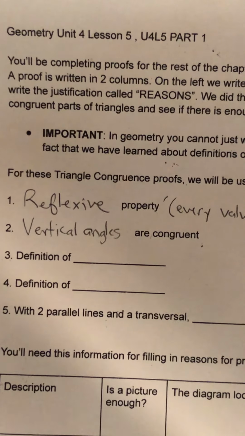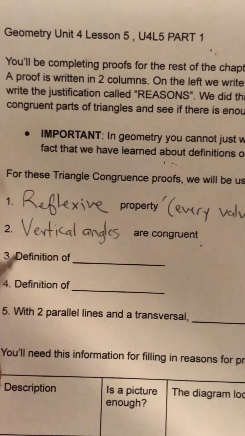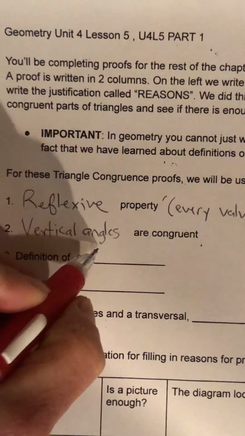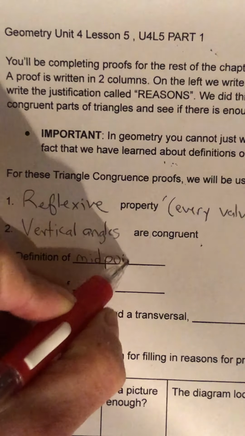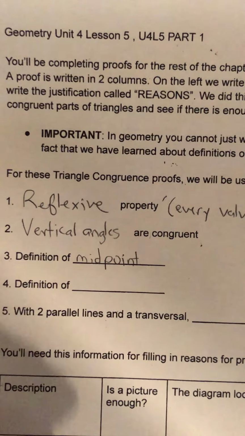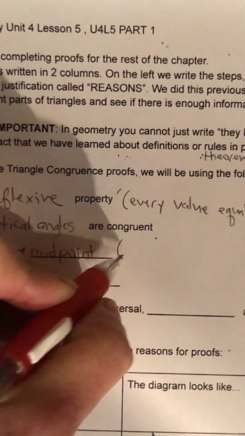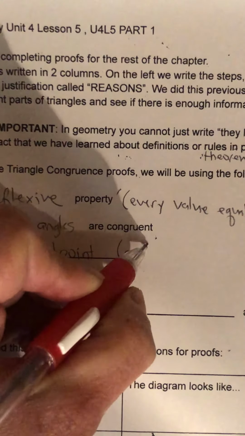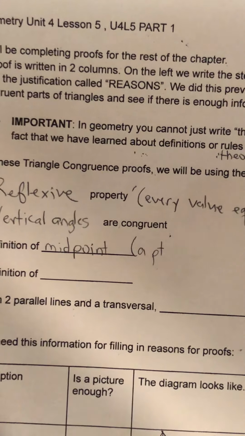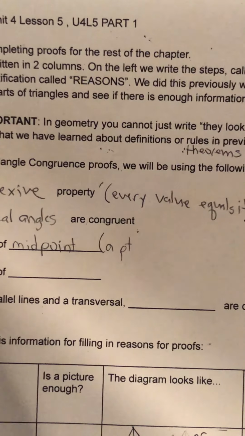The other ones, which you probably have forgotten, our definition of a midpoint. And the actual definition of a midpoint is it's a point, and I'm going to abbreviate the word point like that.